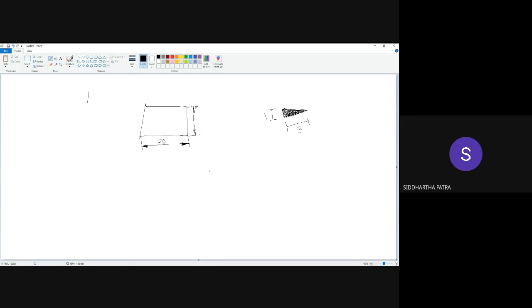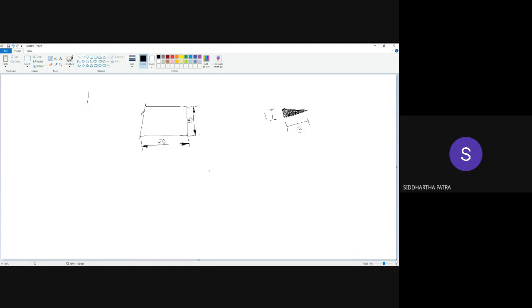Okay. So for this one, if this one is like 15, the 15 is not written like this. The 15 should be written like this.